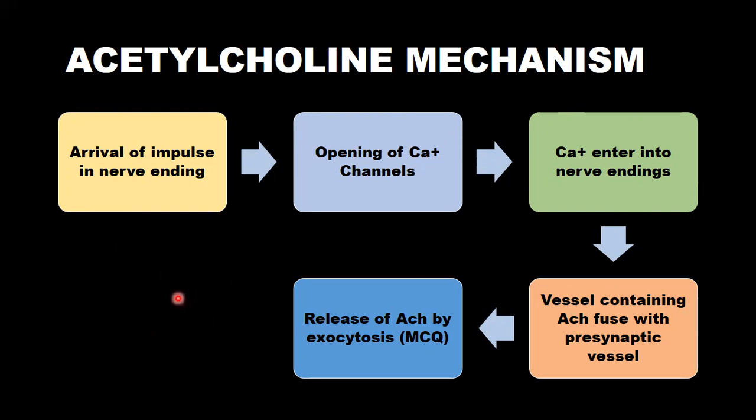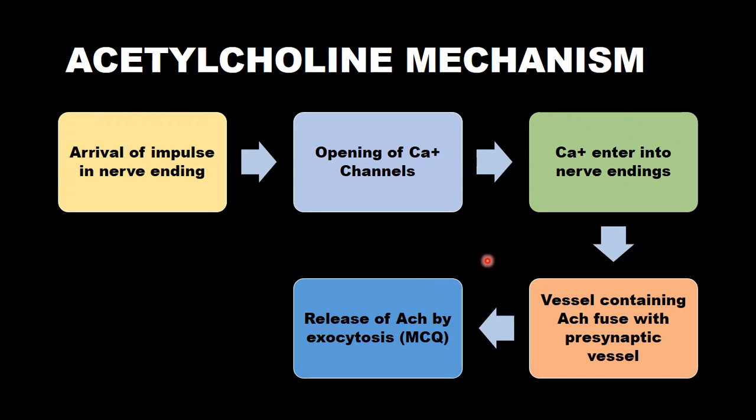Acetylcholine then breaks down into choline and acetate, with acetylcholinesterase converting acetylcholine into choline and acetate. Its mechanism is very easy.